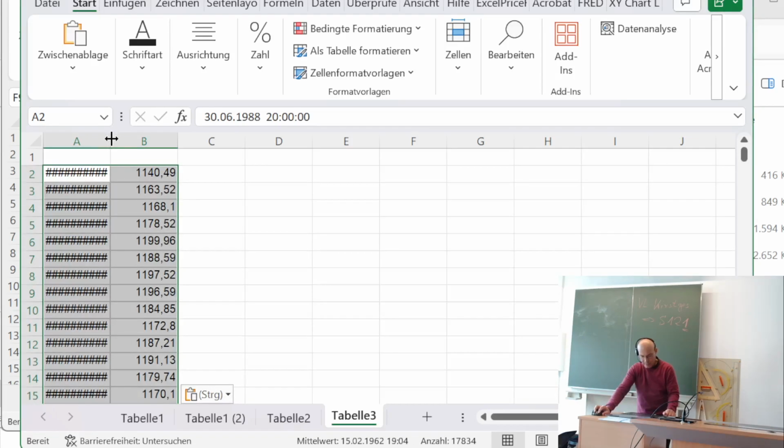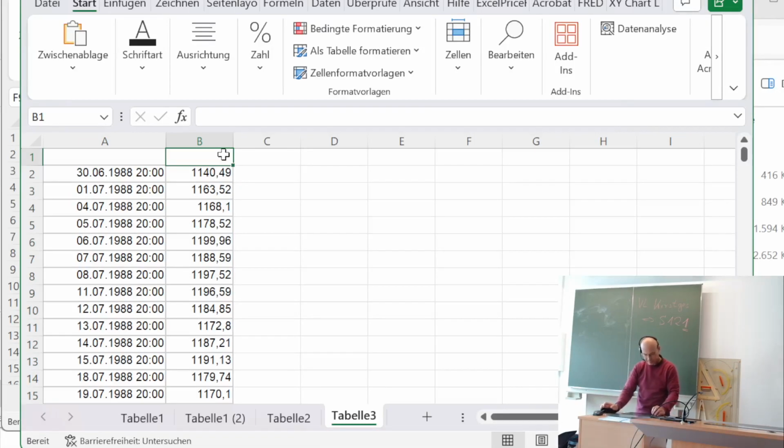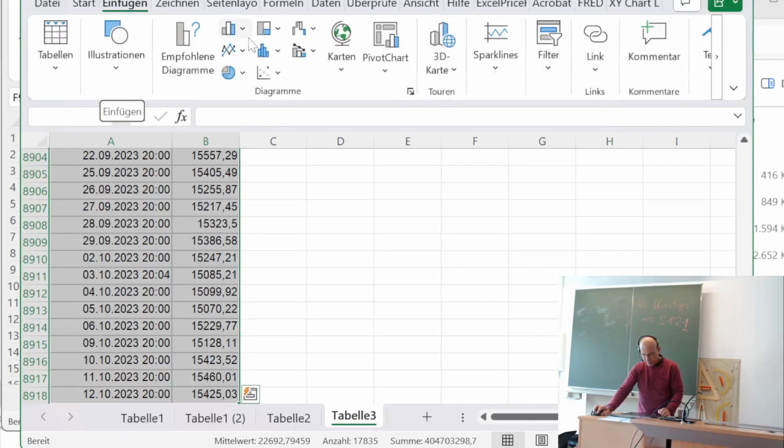I just put the data into one Excel file, and then of course we can look at the development.